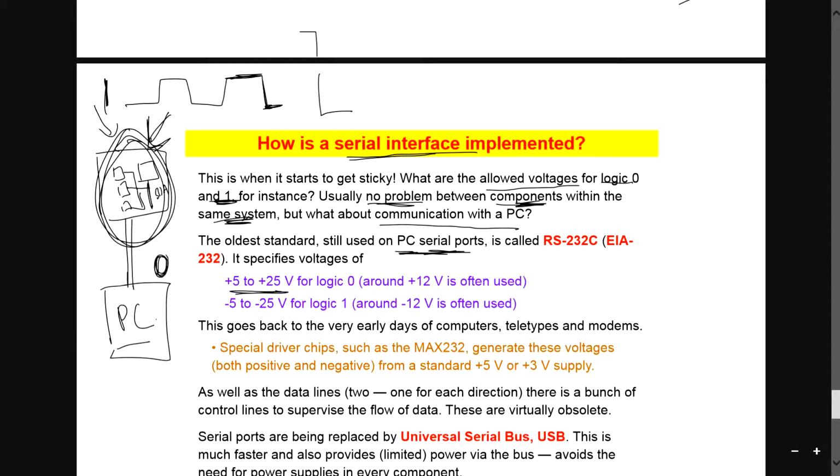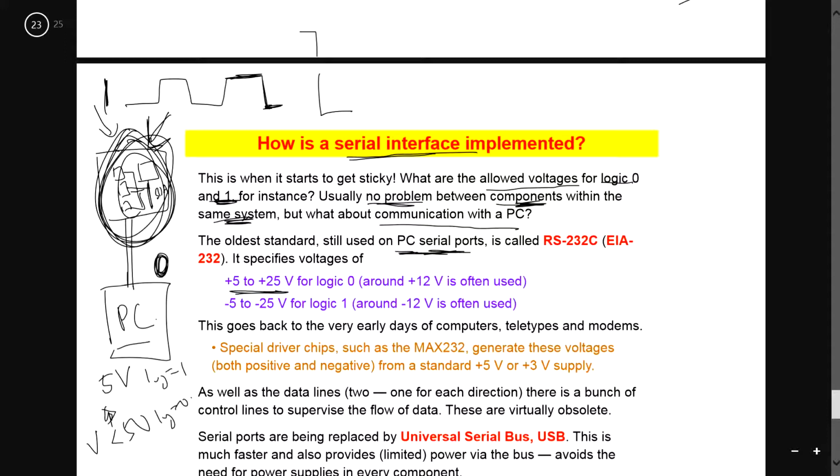The PC says that if it is 5 volts, then the logic equals 1. If your voltage is less than 5 volts, then the logic equals 0.